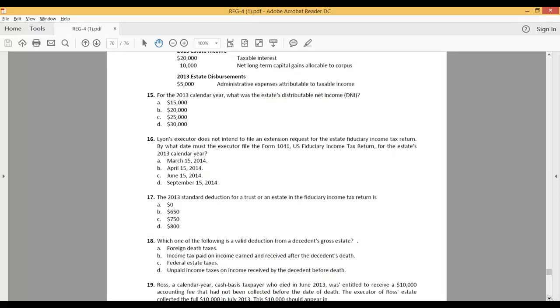So from the gross estate, what would you deduct? Remember, I'll give you a clue. I said it's like a balance sheet, assets less liability. Your assets are your gross estate. From that, you would reduce your liabilities to arrive at the taxable estate. So then what would be your answer?